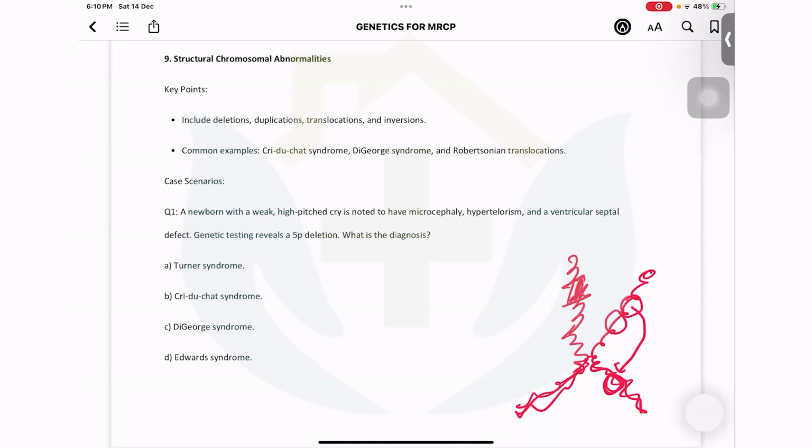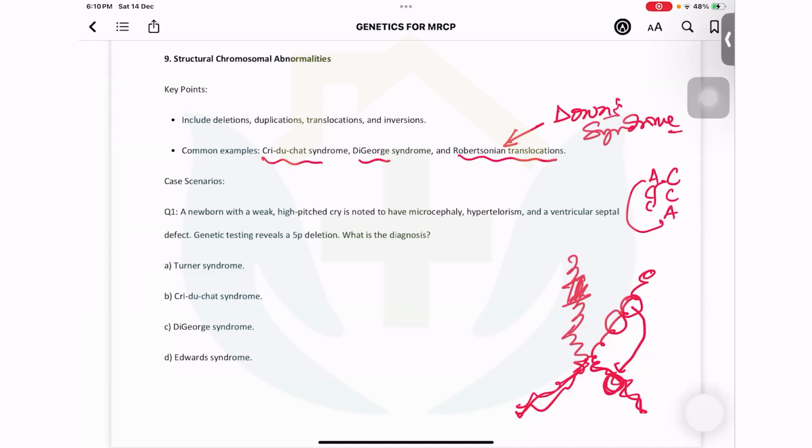For example, let us say ACC becomes CCA. This has actually inverted its position completely, so this is an inversion. Examples include Cri-du-chat syndrome, DiGeorge syndrome, and Robertsonian translocation. We read about Robertsonian translocation in Down's syndrome.